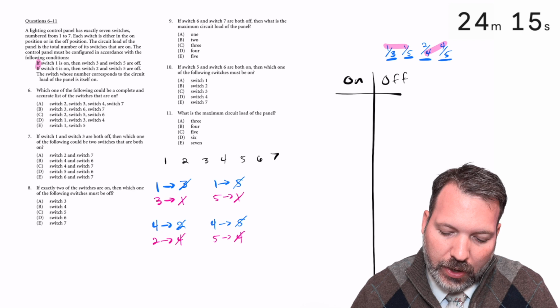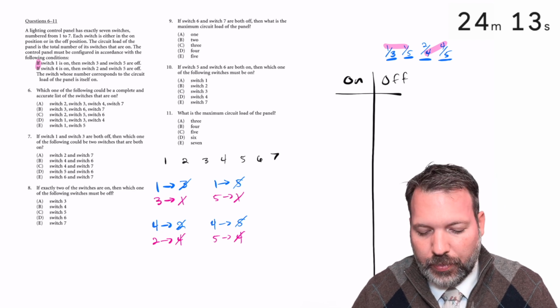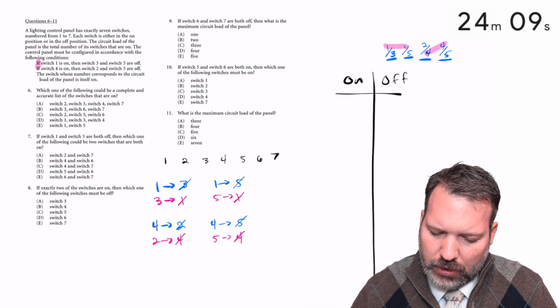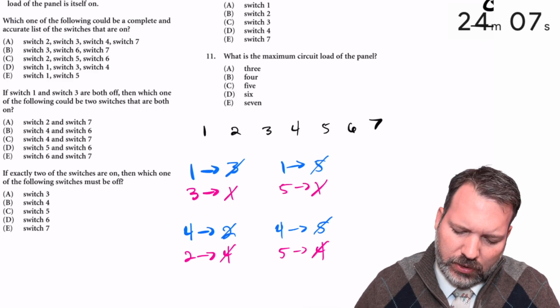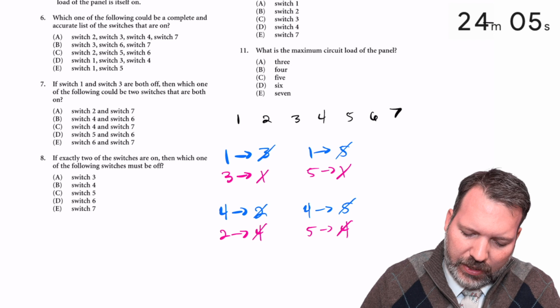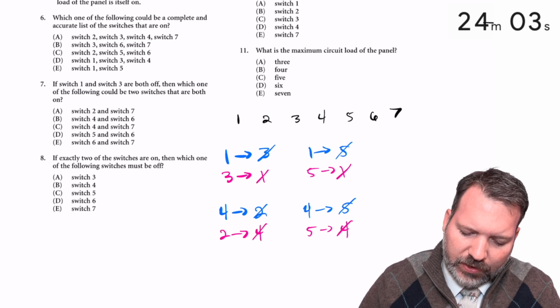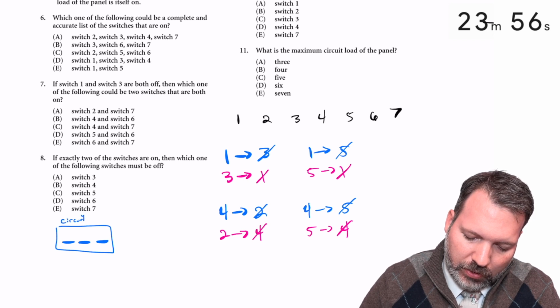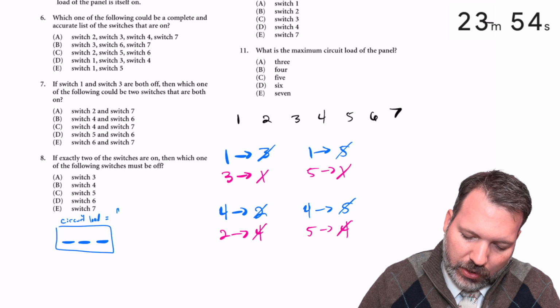The switch whose number corresponds to the circuit load of the panel is itself on. So I guess this means, it said the circuit load was the number of switches, which maybe I should write down. Circuit load equals number of switches.